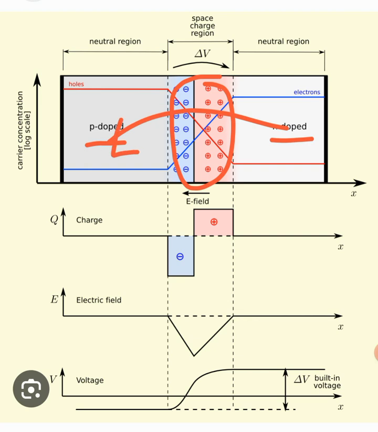In other words, the holes will flow from the P type to the N type material, and the circuit will be completed. It would be shown something like this.